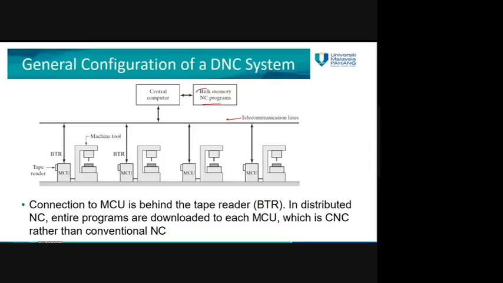The connection to the MCU is behind the tape reader, they call it BTR. That allows the general computer to send the program into the MCU of the CNC machine, and also to upload the data or information from the MCU of the CNC machine back to the general computer.